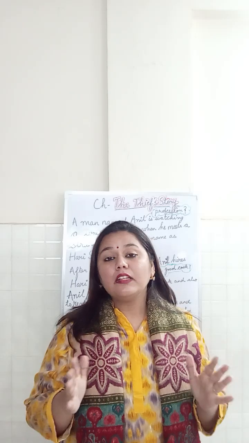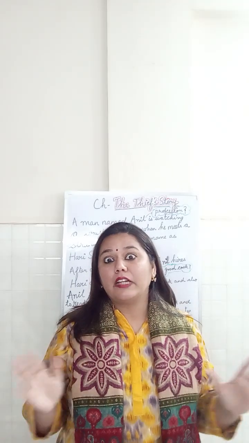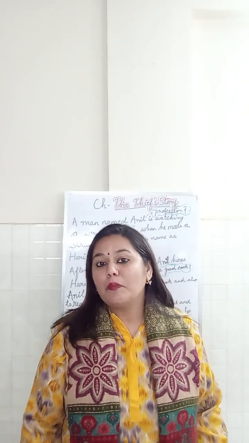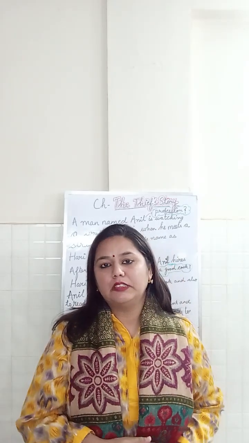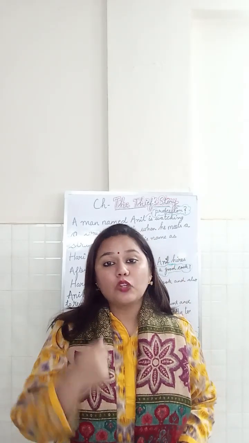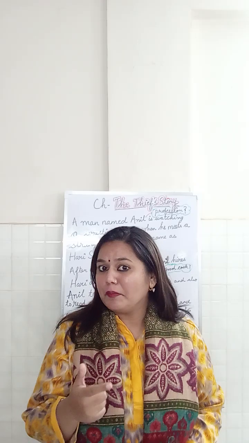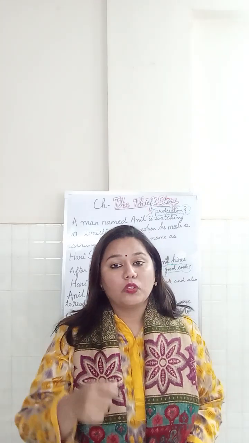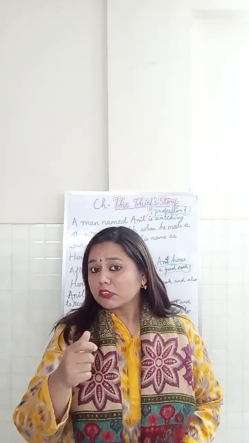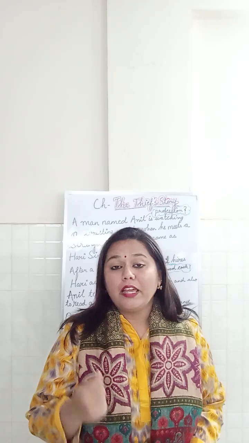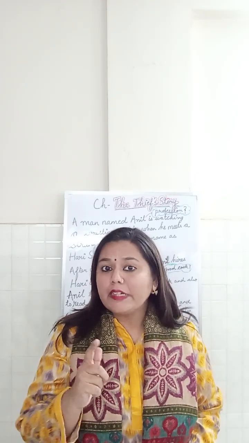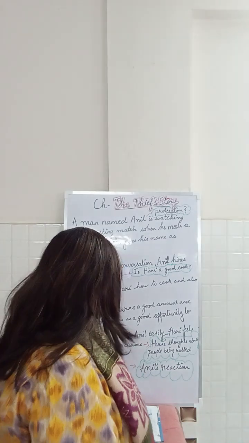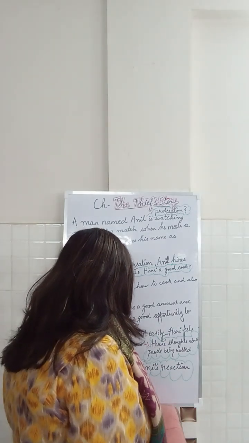And suddenly, Hari realized that he was standing all alone on the platform. Now, what had happened actually? Hari's conscience pricked him that this action of stealing money is absolutely wrong. Why did this happen? For that, let's come to page number 11.